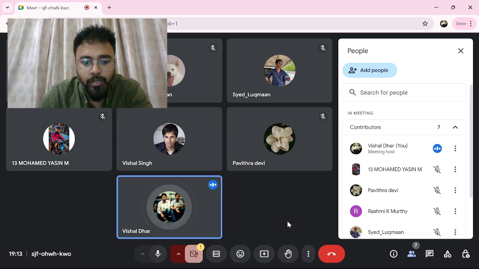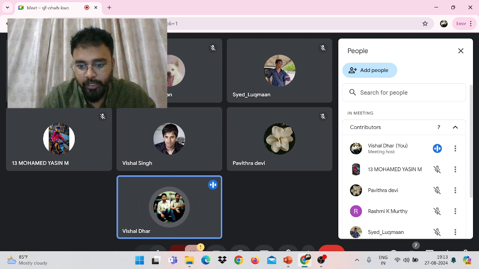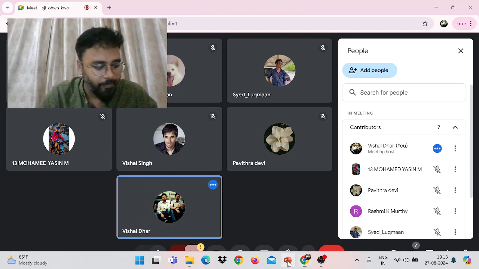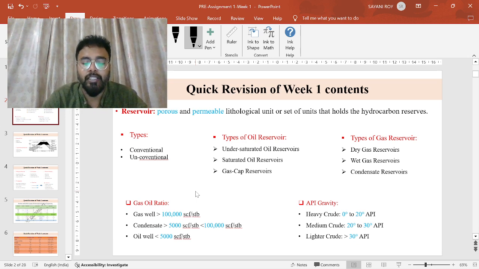Yes, Vishal, very good. Your answer is absolutely correct. Let me elaborate a little on this. Porosity is the void space in the reservoir rocks. The reservoir rocks, which are the underground rocks, are not fully made of solid. There are gaps in between, small pores in between the rocks.